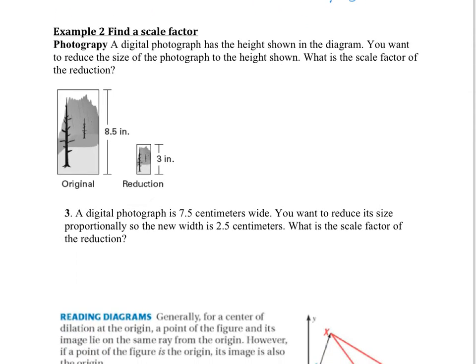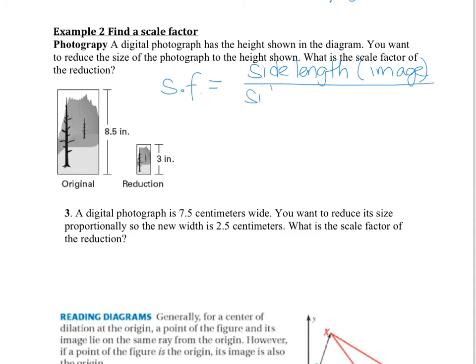Okay, so finding a scale factor. You want to reduce the size of a photograph to the height shown. What is the scale factor of the reduction? So scale factor is going to equal the side length of the image, so that's the reduction or the enlargement, over the side length of the original.